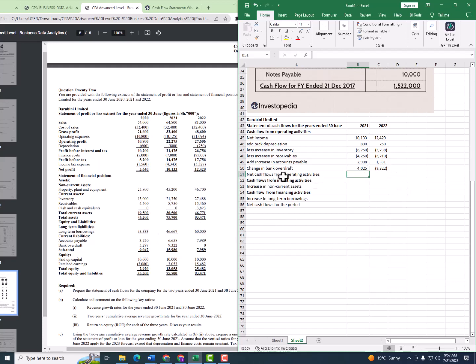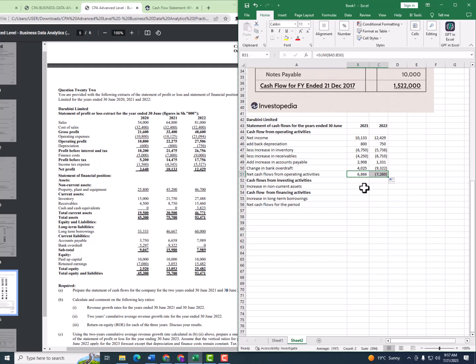So what was the net cash flow from operating activities? We simply add all these, right? We simply add all these using the formula that we learned in Excel, equals sum, and then you highlight all these from B45 all the way to B50. Close brackets, hit tab. Go to the bottom right corner of this cell and drag the formula to 2022.